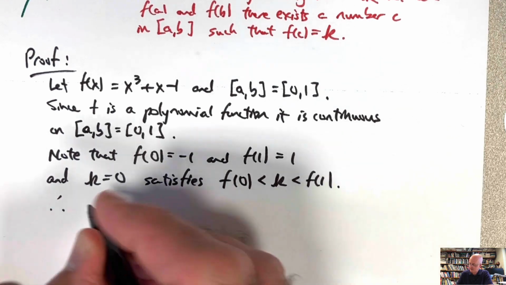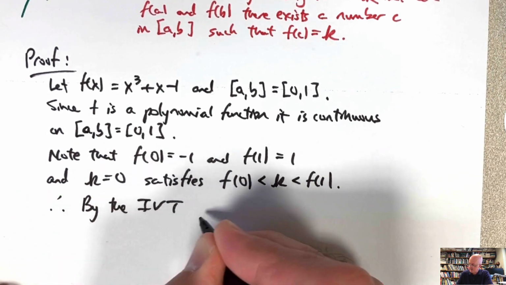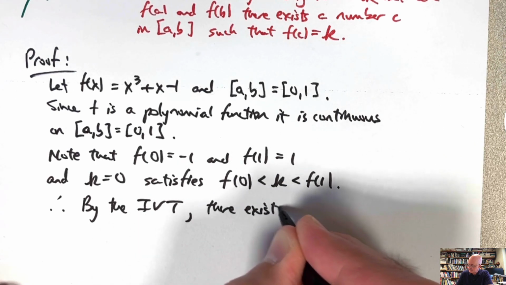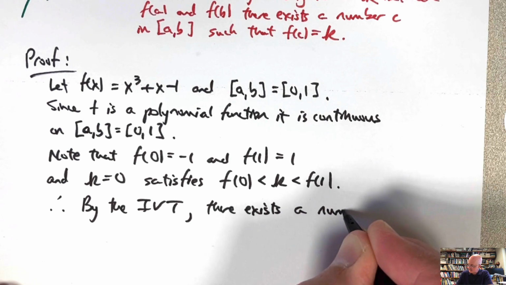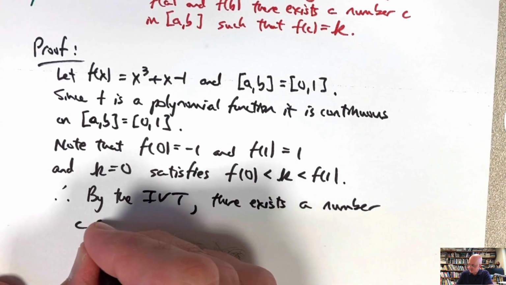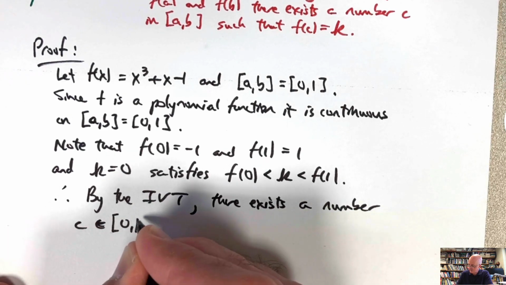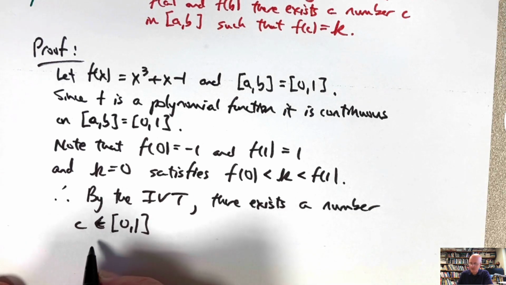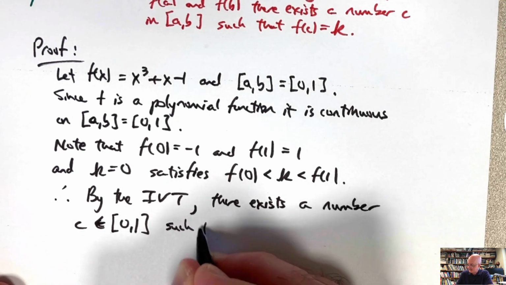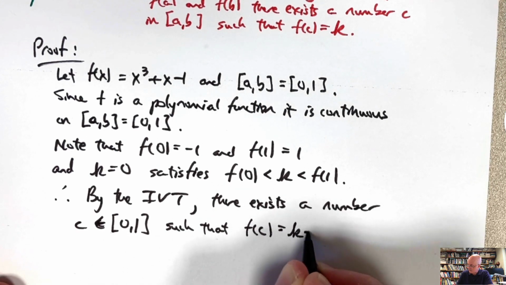Therefore, by the IVT, the Intermediate Value Theorem, there exists a number c in the interval from 0 to 1. I'll use this notation, which means c is an element of the interval from 0 to 1. If you don't like that notation, you don't have to use it. Such that f of c equals k, which is 0.